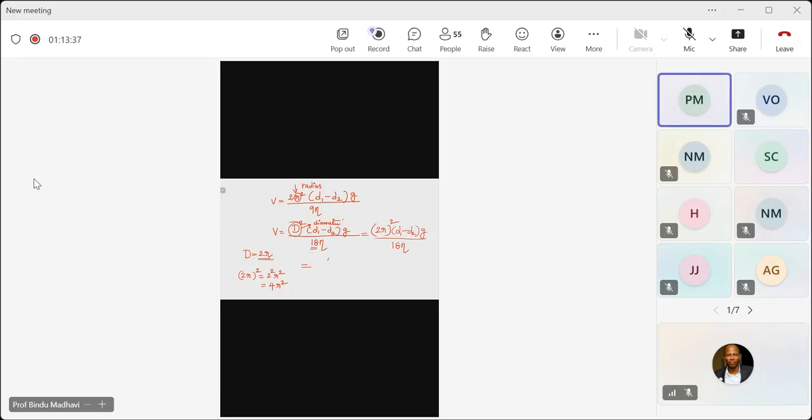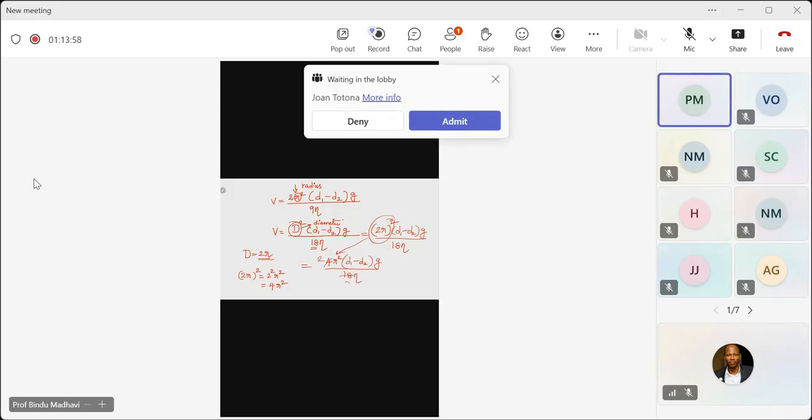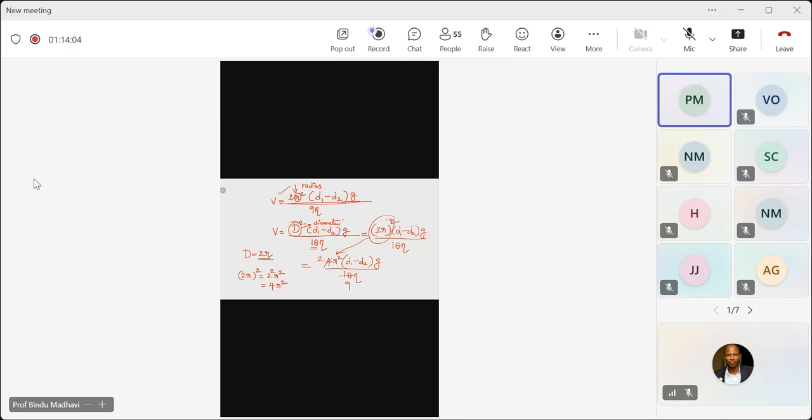So I'm writing this 4R square in the equation. Only this one I converted to 4R square. The rest of the thing remains the same: (D1 minus D2) multiplied by G over 18 eta. 4 over 18, which is nothing but 2R square (D1 minus D2) multiplied by G over 9 eta.